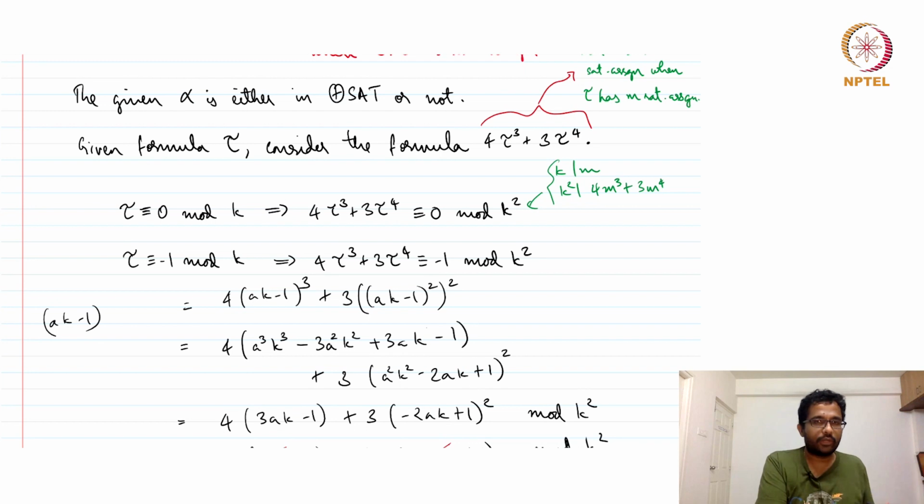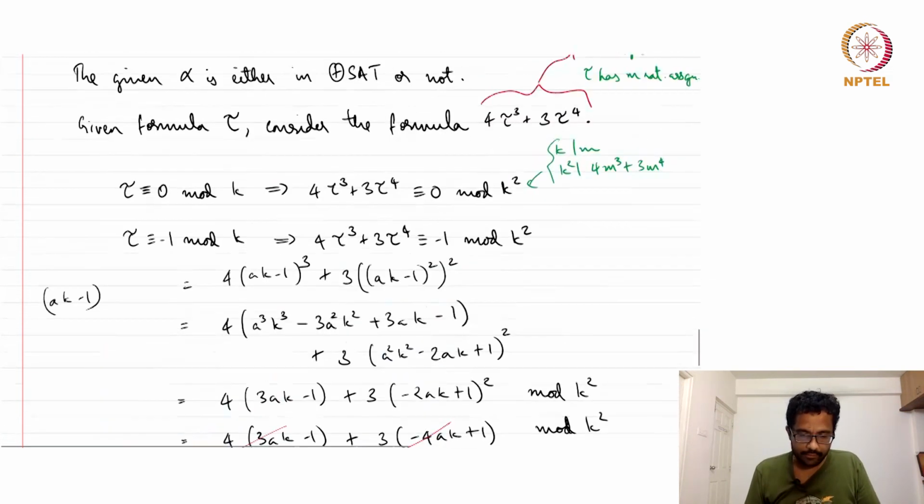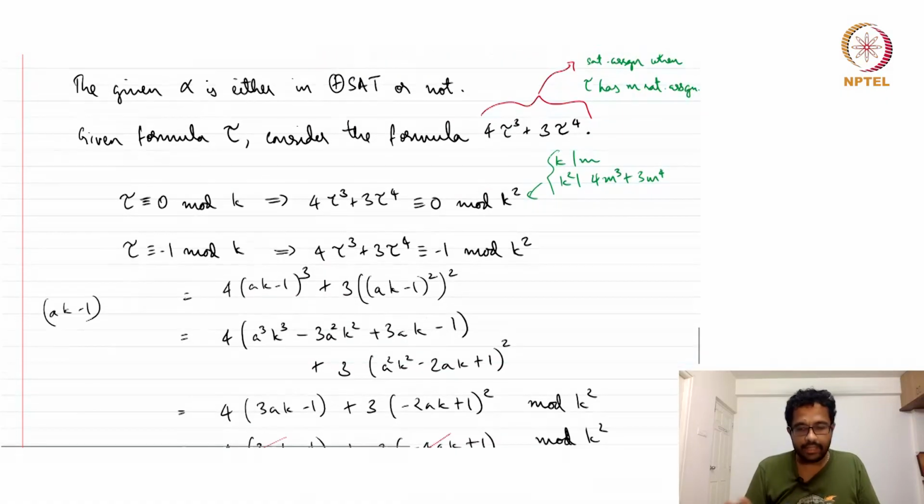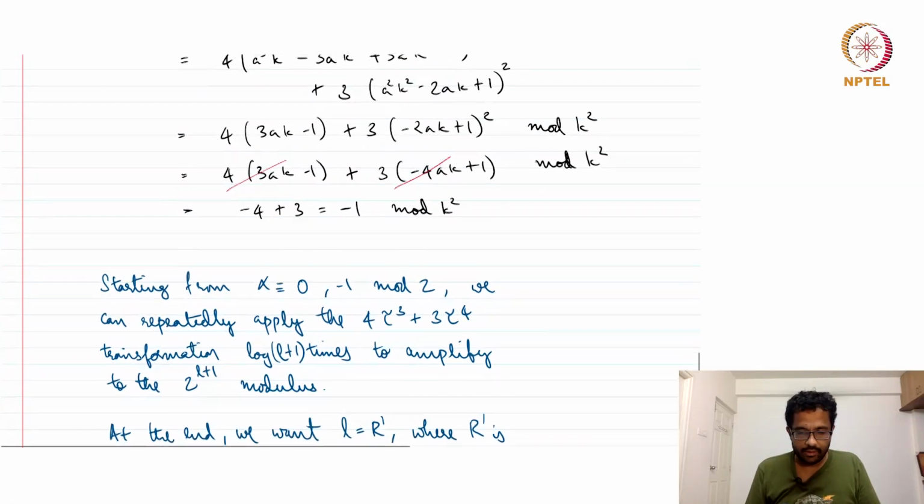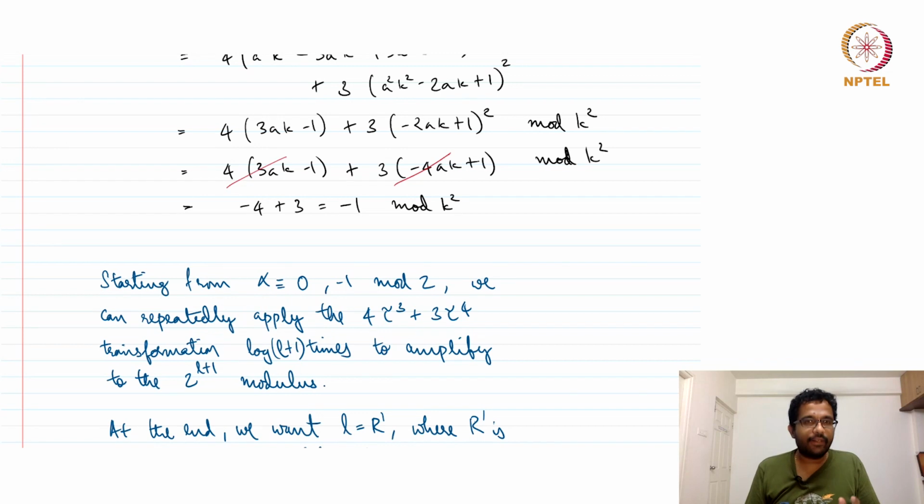So from modulo k we are moving to modulo k squared, and this works for any k. We started with alpha being either in the parity set or not, which means the number of satisfying assignments was either 0 or 1 modulo 2, and 1 modulo 2 is the same as minus 1 modulo 2.